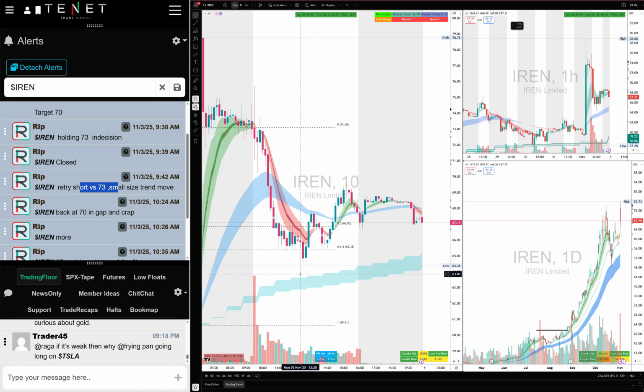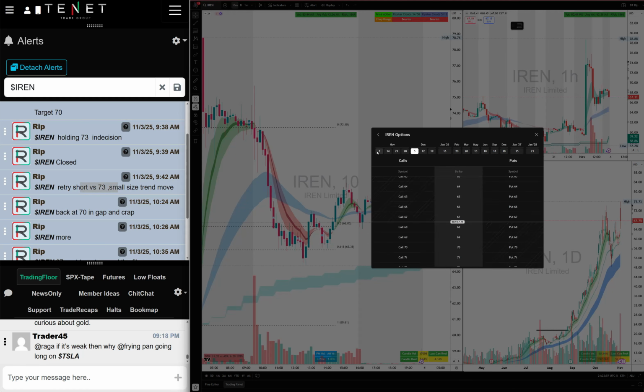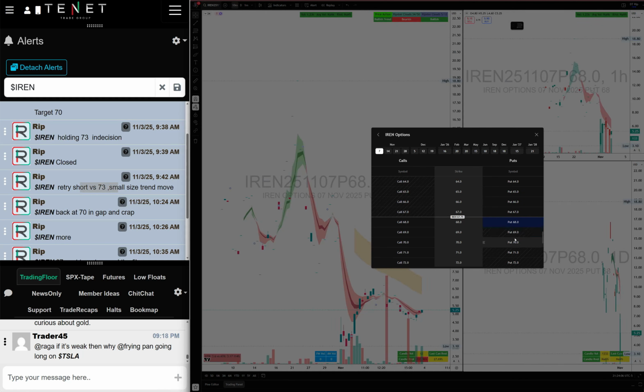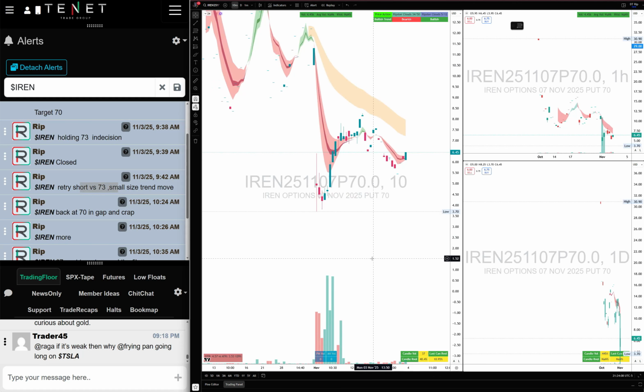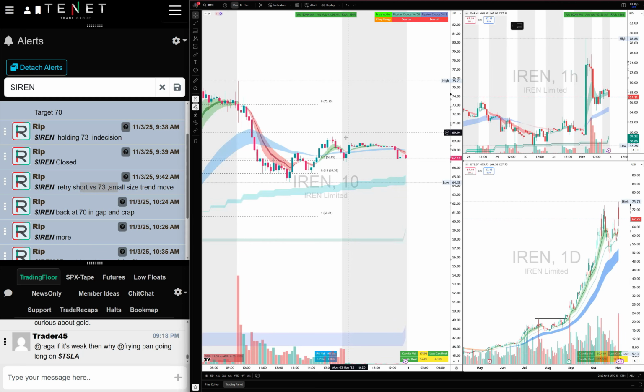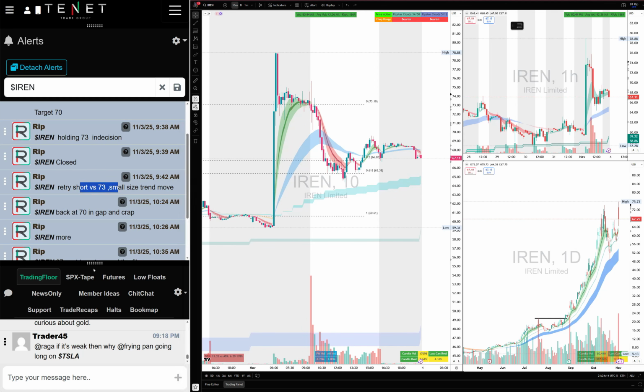So you could easily make $8 to $9 per share profit on that. Or a lot of traders in the community were trading the puts. We can look at the 68 puts, or whichever is most liquid, you can trade those puts. They went from $4 to $8, 100% returns on that trade. So that was the trade on IREN.